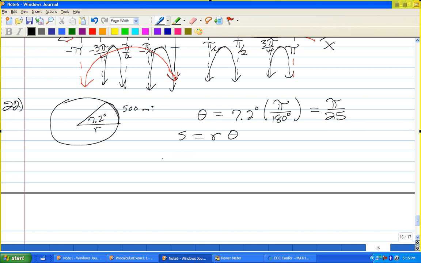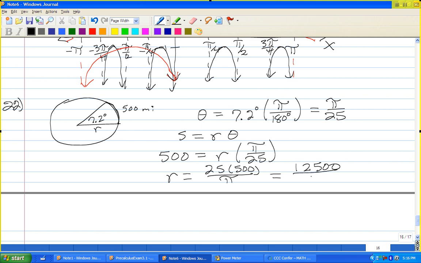So 500 is equal to r times pi over 25. So r is equal to 25 times 500 over pi, so 12,500 over pi.